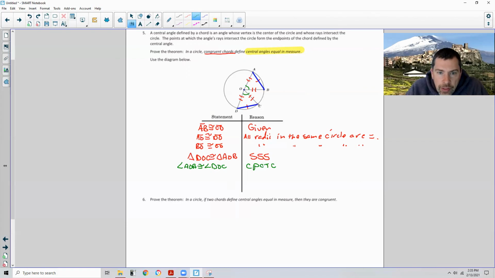If the radii that go out to the edge of the circle form chords that are congruent, then the angles have to be congruent. In other words, if AB is 6 and CD is 6, then angle DOC, which cuts that chord, and angle AOB, which cuts this chord, since the chords are congruent, the angles that form them must be congruent.